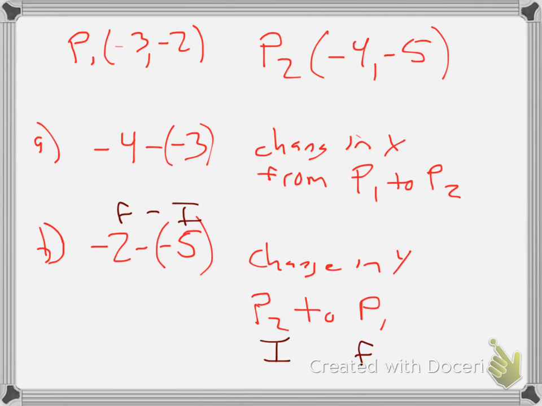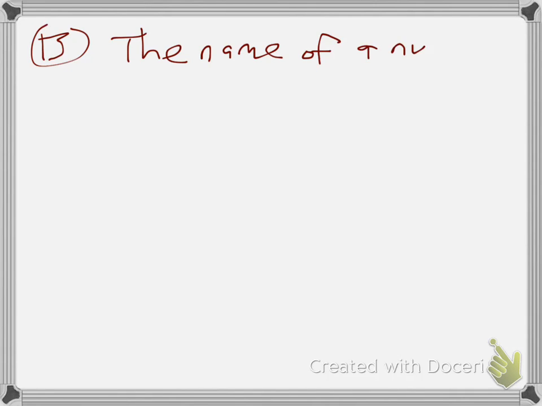Okay. The point of all of this, as a great transition, is part B. Part B asks us the name of a number. The name of a number. The book has some weird names for some of this stuff.